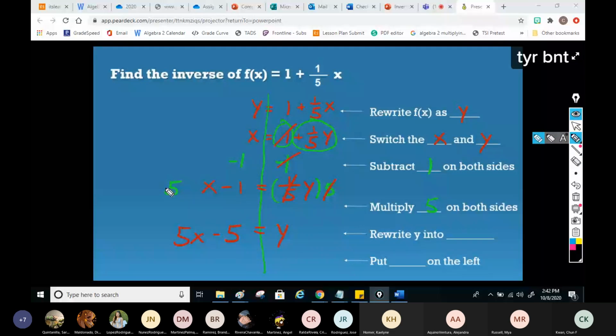They forget that 5 also has to multiply to the -1 as well, okay? So that is why we had a parenthesis earlier. It just kind of gives you a heads up that both terms have to be multiplied by 5, okay? Both the x and the -1. So they have to share the times 5, and that will get you 5x minus 5.